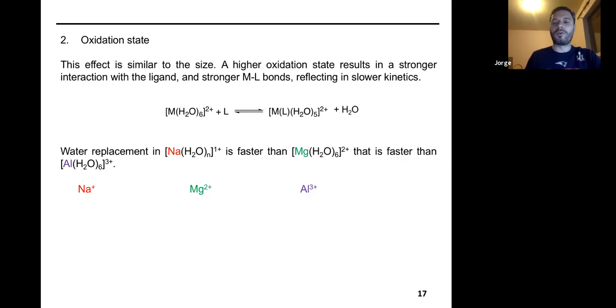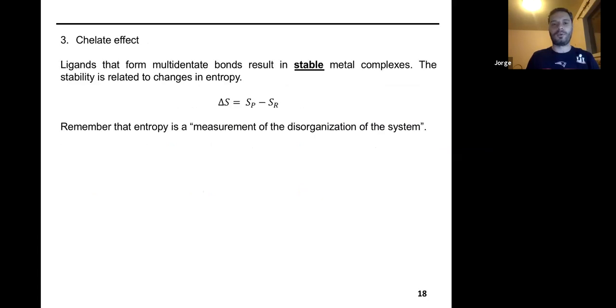We covered the first and second points. So let's move on now to the third point, which is the chelate effect. At the beginning of the semester, I told you that ligands that form multidentate bonds result in stable metal complexes. And this stability is related to changes in entropy.